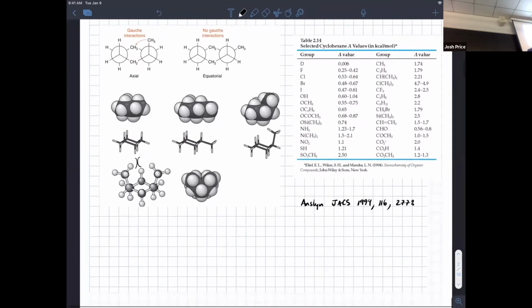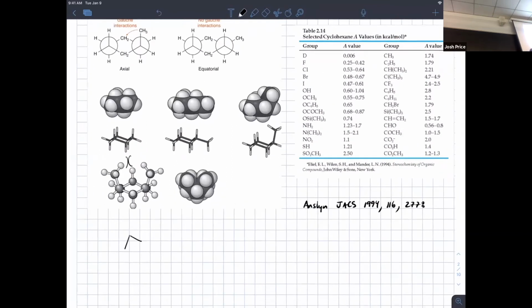It turns out that for any given substituent, it is easy to measure the equilibrium constant between axial and equatorial conformations. In many cases, you could do this by NMR, because once you put the substituent on, exchange between the two chair conformations is slow enough that you can see both of them.